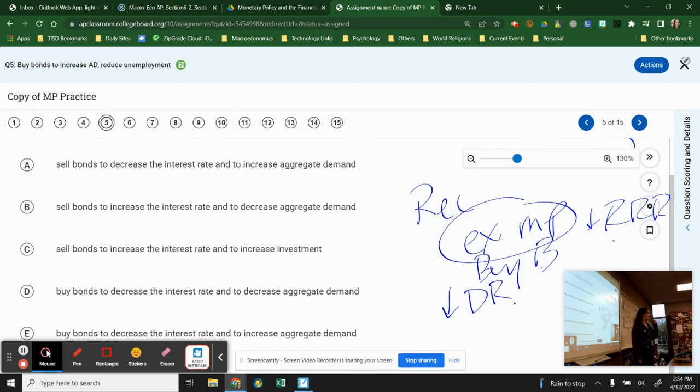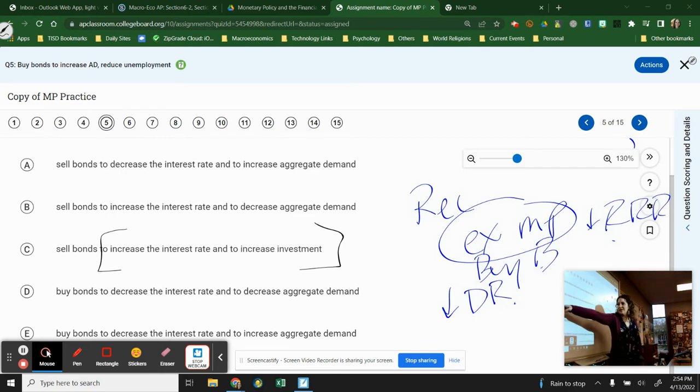Okay. Test taking strategy. I don't know monetary policy. Increasing the interest... wait, no, that actually makes sense. I thought that said increase. Shoot. Aha! I don't know monetary policy. Increasing the interest rate increases investment spending?